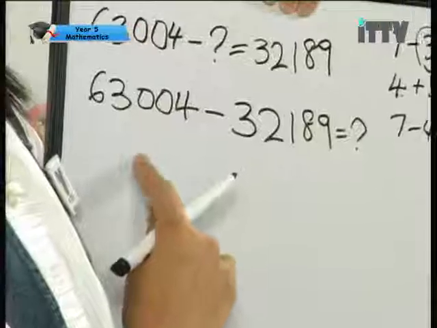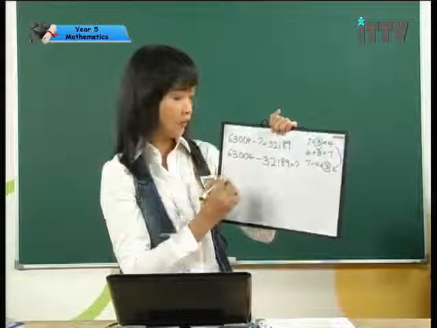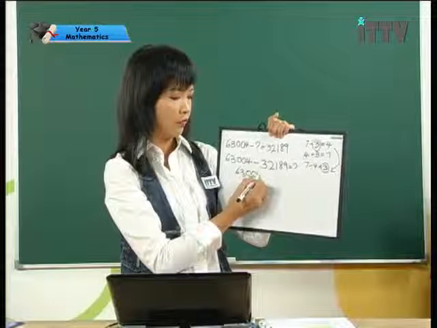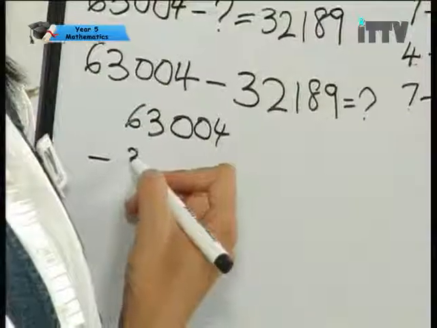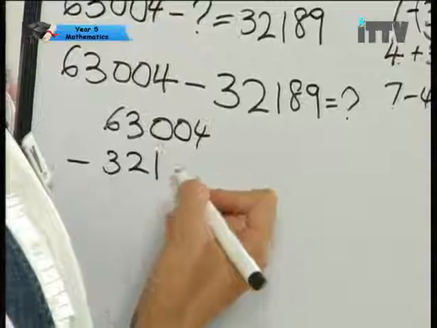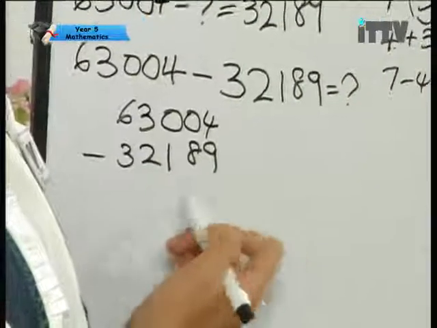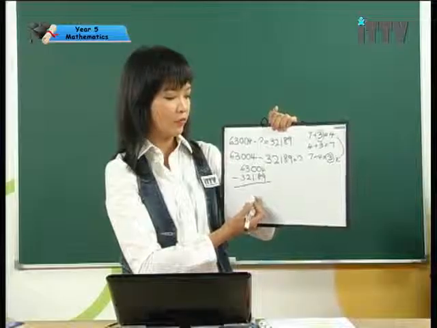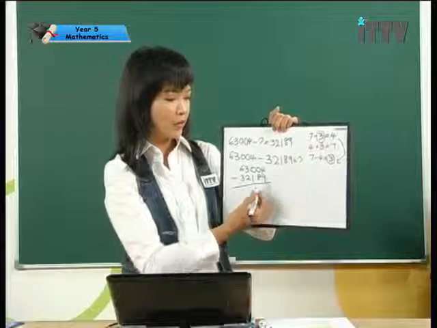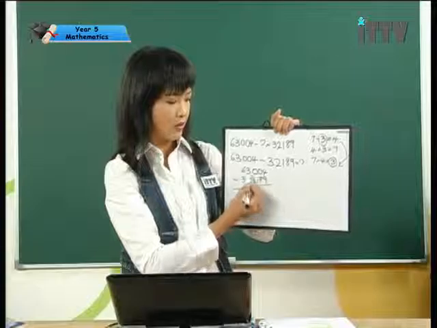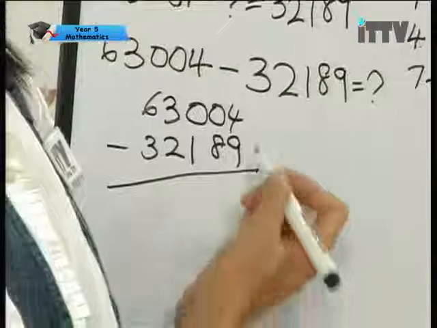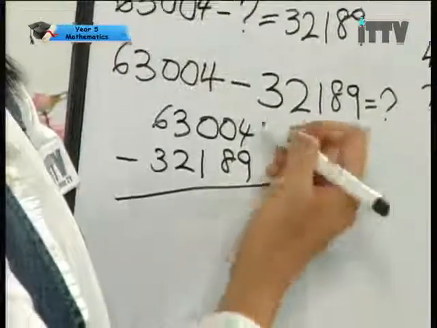Now let's write it in vertical form. 63,004 minus 32,189. Now we've written it in vertical form. Check the place value. Correct? Ones, tens, hundreds. All the numbers are in the correct place. Let's begin, from right to left.